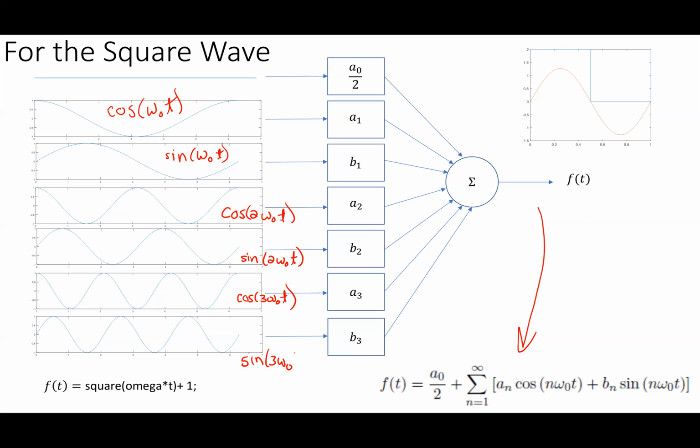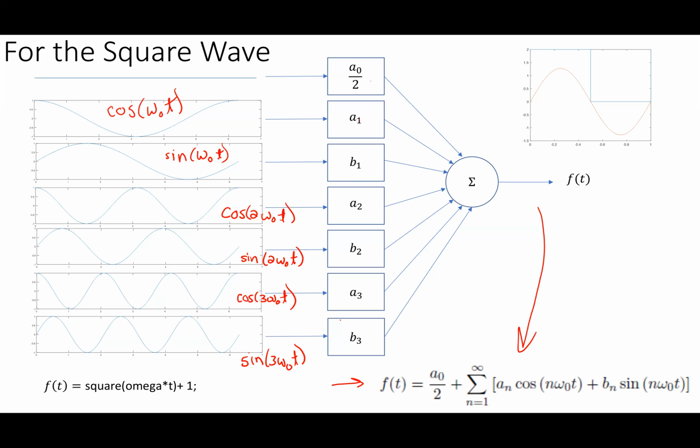So the way I think about this equation down here, if it's intimidating to you, don't let it intimidate you. Think about it visually like this in your mind. Let's skip over the A0 over 2 for now. Let's go to A1, B1, A2, B2, A3, B3, and there's an A4, B4, and an A5, B5, and all of that stuff.